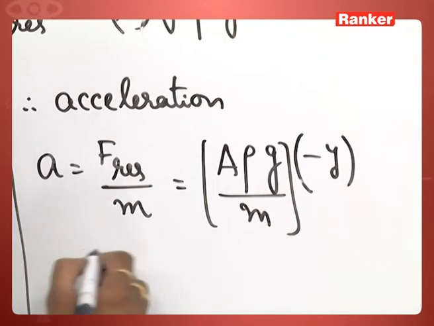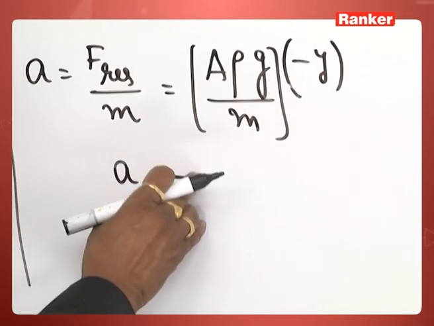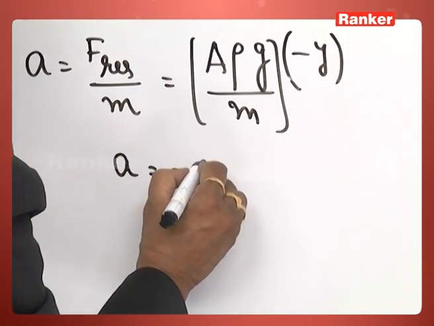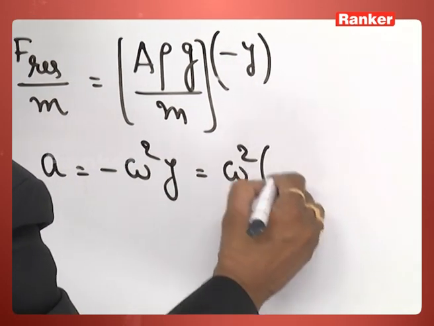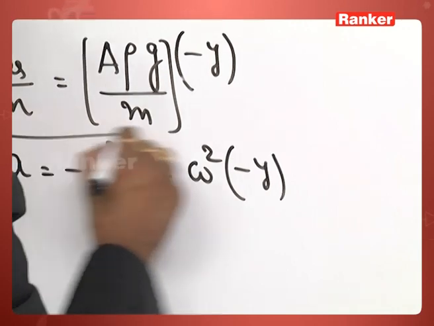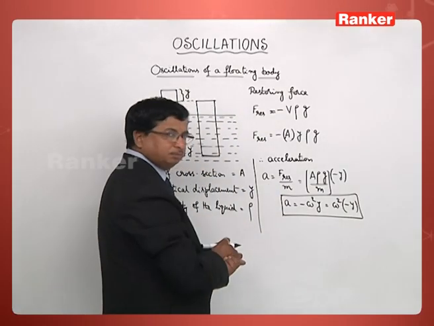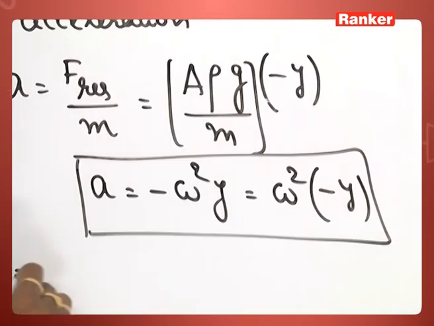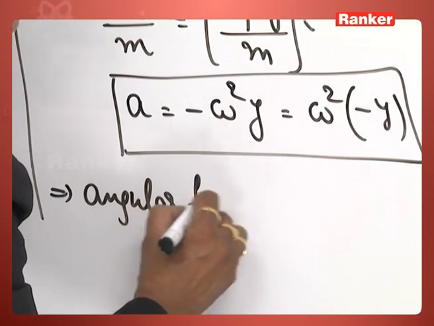Once again, this is exactly similar to the basic principle of simple harmonic motion, that is omega square into minus y. We can just compare this equation with this. So, this implies what would be the angular frequency.